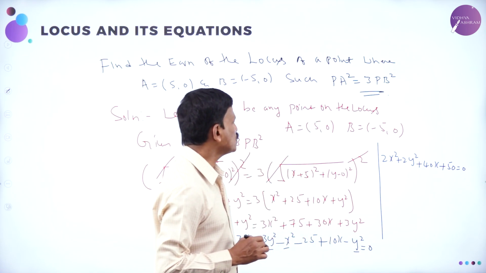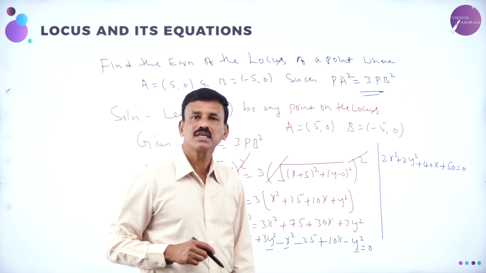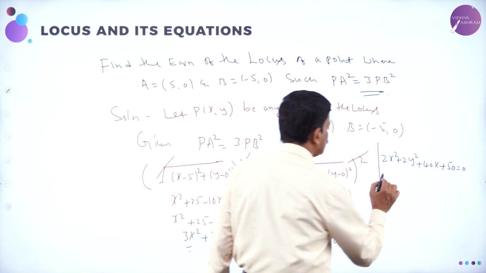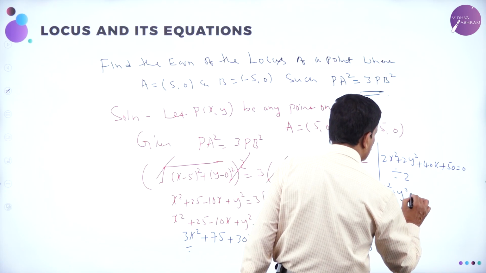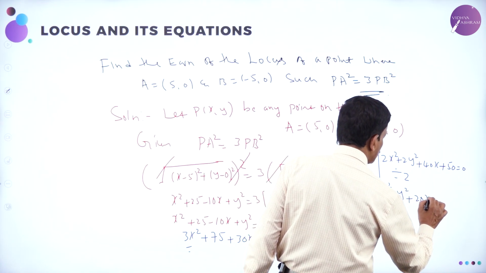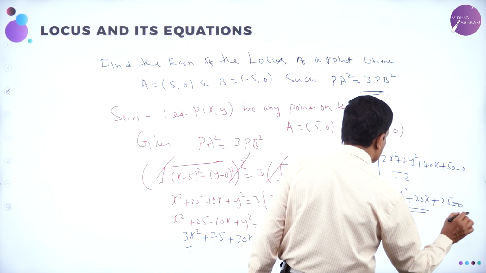2x² + 2y² + 40x + 50 = 0. If you want, you can divide by 2. If you divide by 2, you will get x² + y² + 20x + 25 = 0.